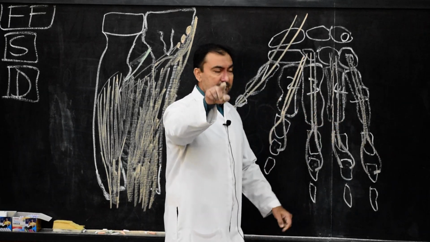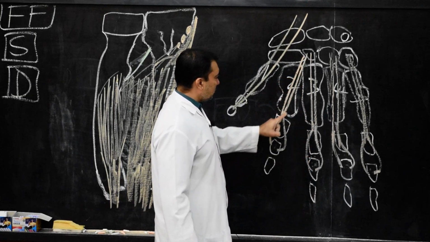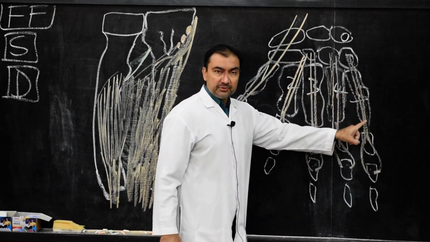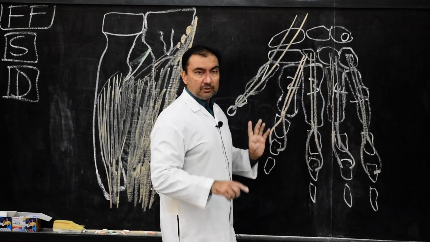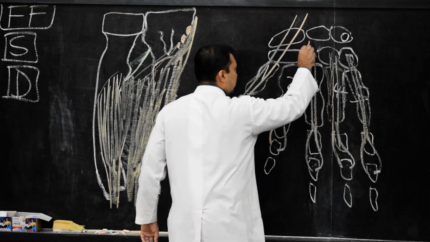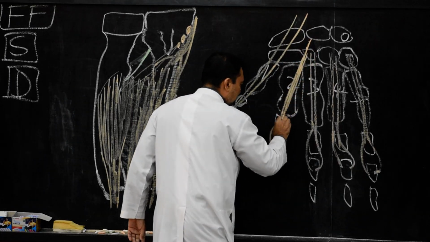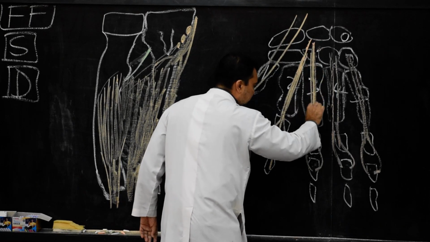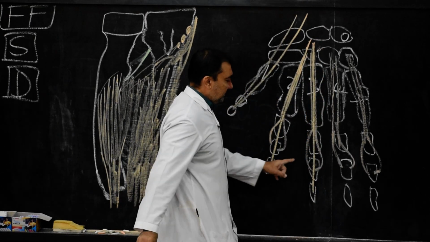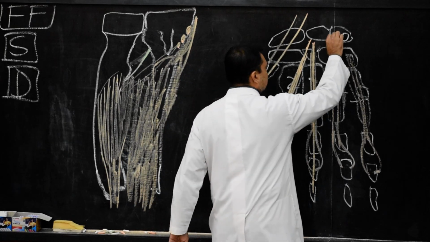Each tendon will pass beneath the tendons of flexor digitorum superficialis, which we have drawn. So deep to flexor digitorum superficialis, the tendons of flexor digitorum profundus are passing.